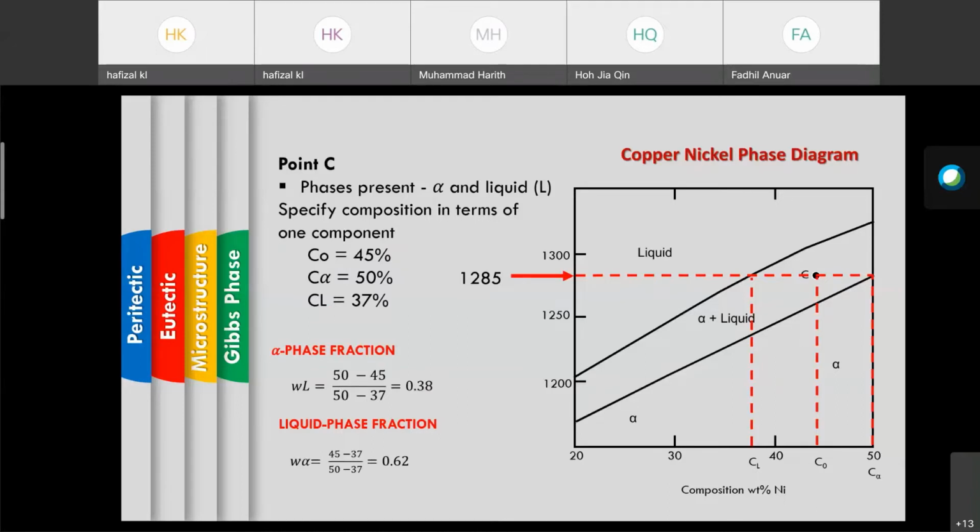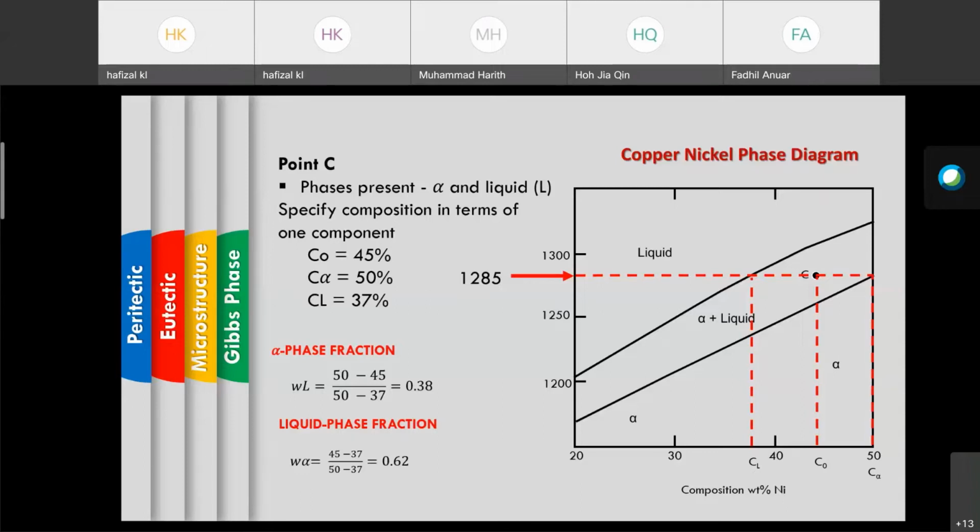Okay, so this kind of information to get the composition and also the percentage is very crucial in the analysis after this. You need to understand this in order to analyze in the phase diagram what will happen at a certain line that we project.